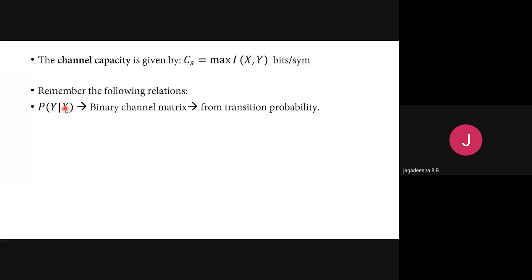So I guess you have solved many problems previously, where we have found this P(Y|X). Basically, a channel is given, then we will identify from x1 to y1 what is the probability. I will write here. There is a channel given.